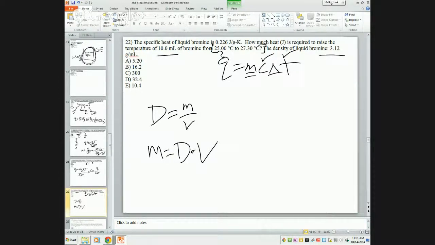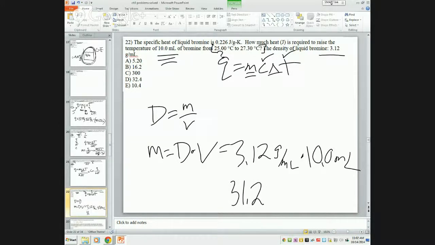They give us the density right here, so it's 3.12 grams per milliliter times 10 milliliters. So we get 31.2 grams. And that's our mass, so that gets plugged in to here. Now it's just plug and chug, right? Solve for Q. Answer 22 should be B.